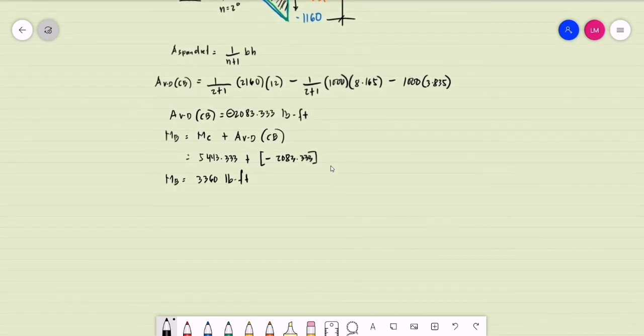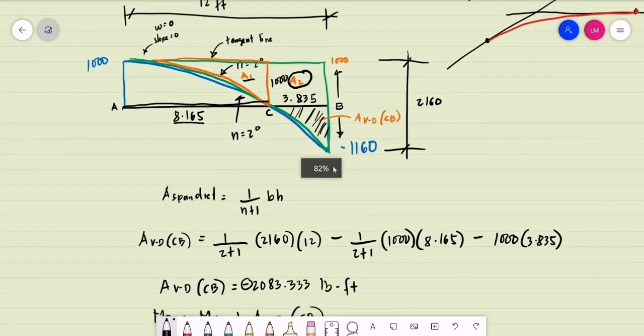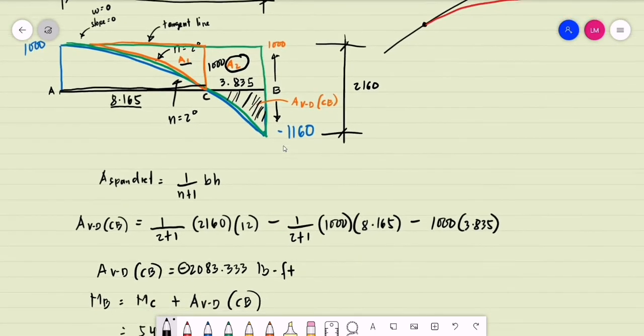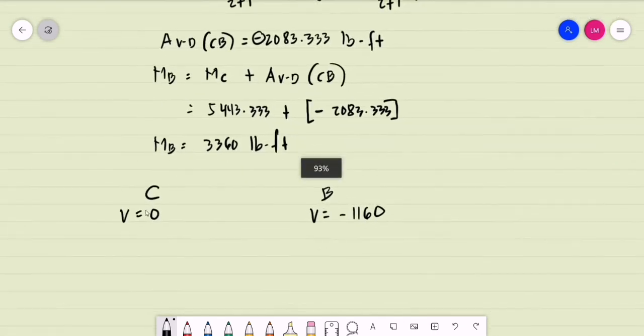At point C, the magnitude of shear is equal to 0. At point B, the magnitude of the shear is negative 1,160. If we check our shear diagram, at C, 0 shear. At B, negative 1,160. What will be the appearance of the graph?